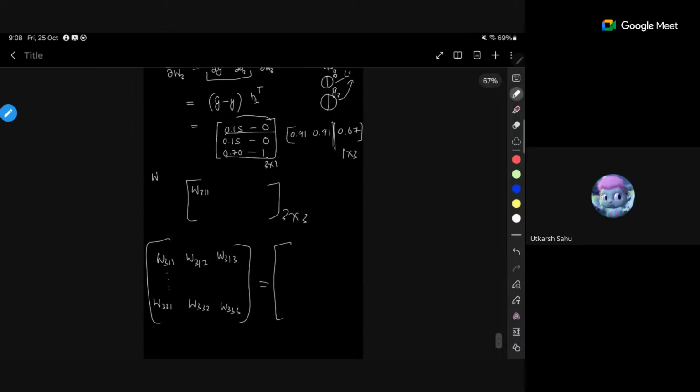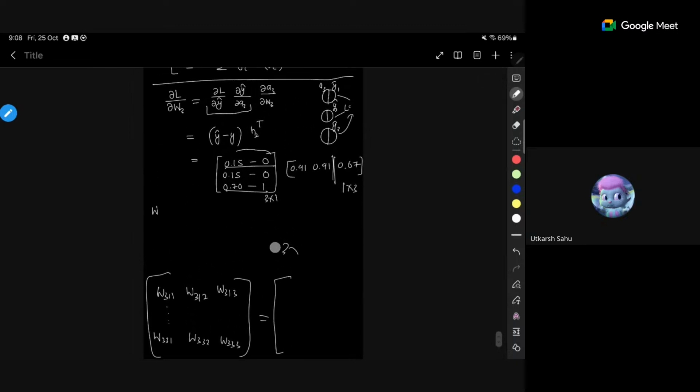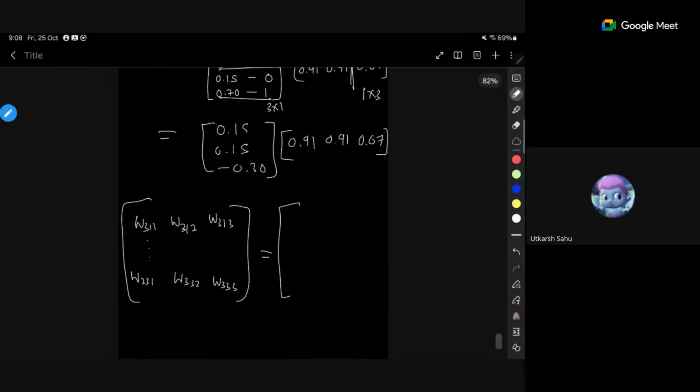So this is 0.15, 0.15, minus 0.30, and I need to multiply with this, all of them. So first I'll multiply 0.15 with 0.91. What will I get?